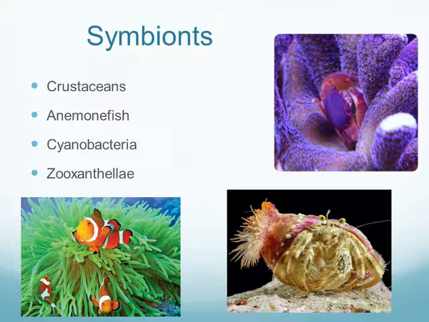And that hermit crab tends to be a messy eater, so when it eats, it doesn't eat everything. A lot of the particles go to the anemone on the shell of the crab. And if that crab were to be attacked, the anemone can protect it by stinging its predator.